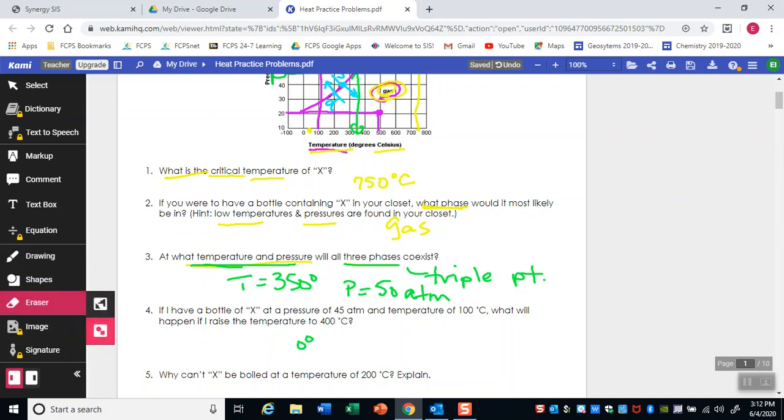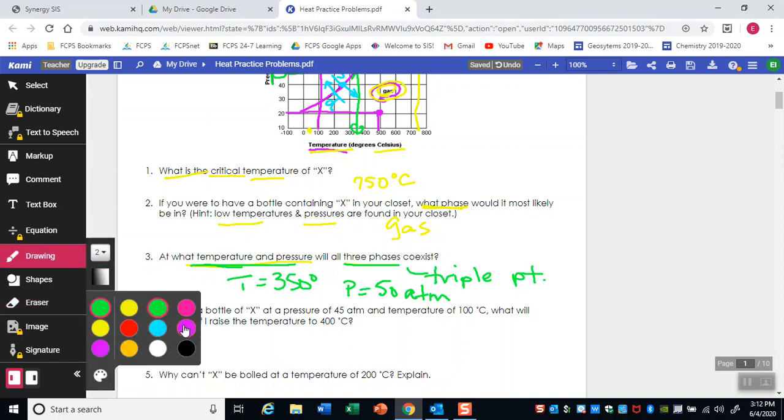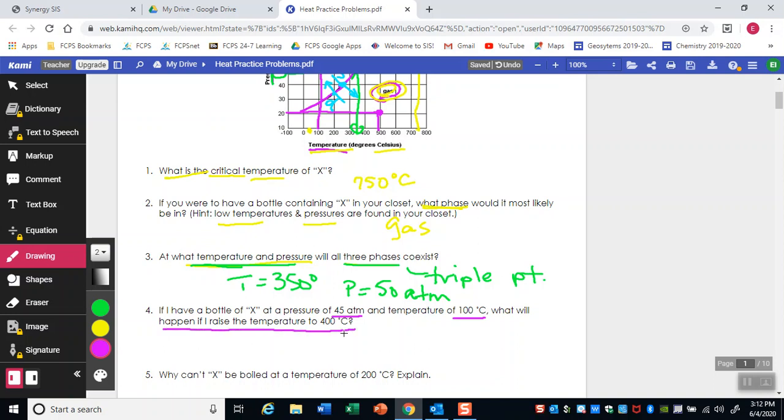All right, so number 4, it says, what if I have a bottle of X at pressure 45 and a temperature of 100. All right, so then it says what will happen if you raise the temperature to 400 degrees Celsius.